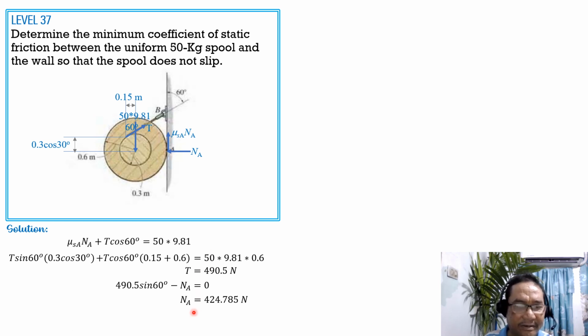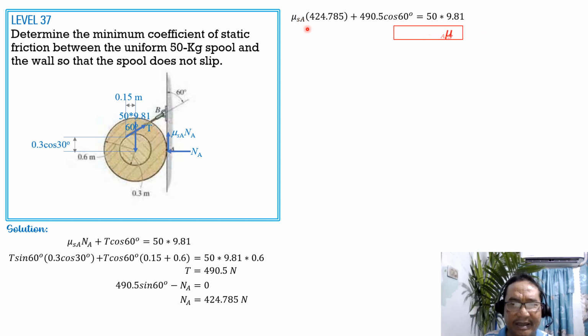Having found NA, we substitute it here with T known, then we can compute the minimum coefficient of static friction. So mu sub SA times NA, 424.785, plus T, which is 490.5 cosine of 60 degrees, equals 50 times 9.81. Solving for the minimum coefficient of static friction, mu sub SA, then we have 0.5774.